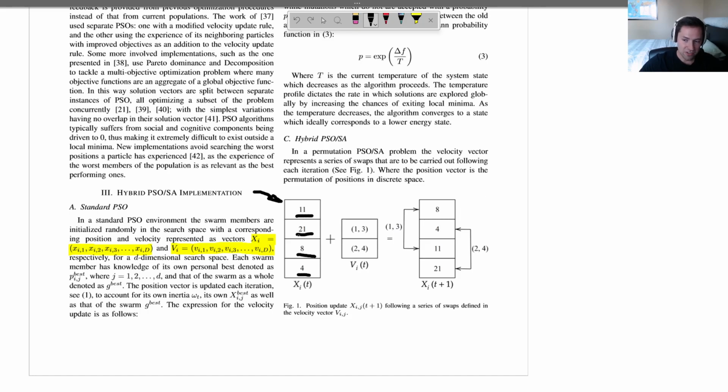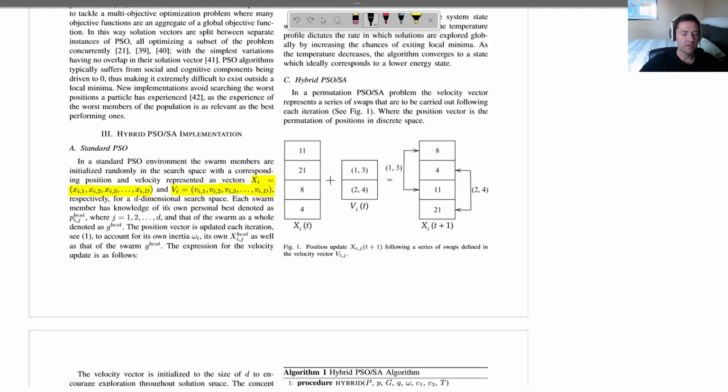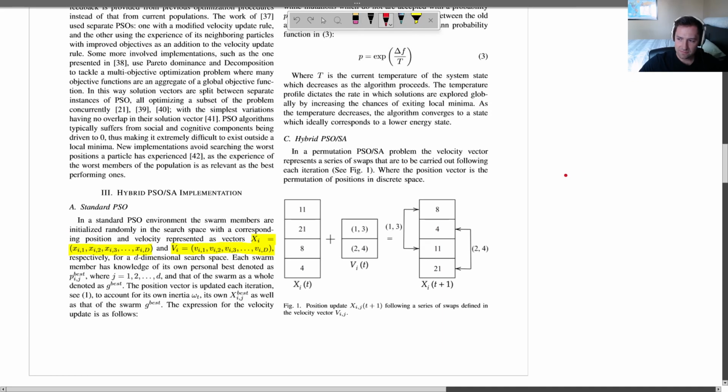So ultimately, the question is, how can we arrange a position vector and velocity vector for our application to find this final position vector that we want, which is some sort of global solution. If we characterize this x as the position and this v as the velocity in this d-dimensional space, one of the things we also do in particle swarm optimization, the whole idea behind particle swarm, is that we have these swarm members.